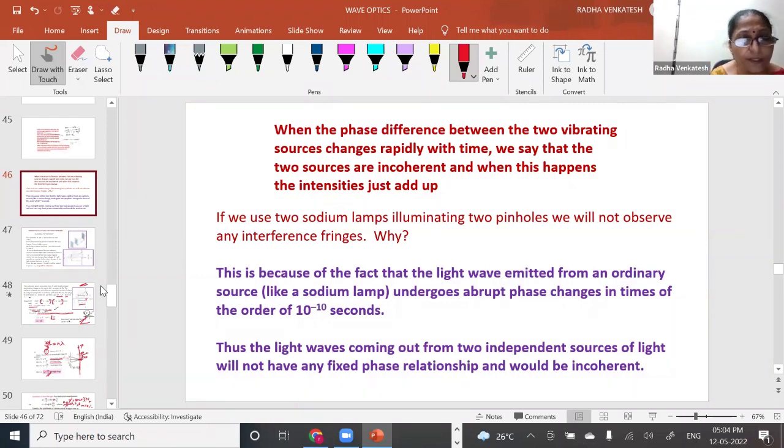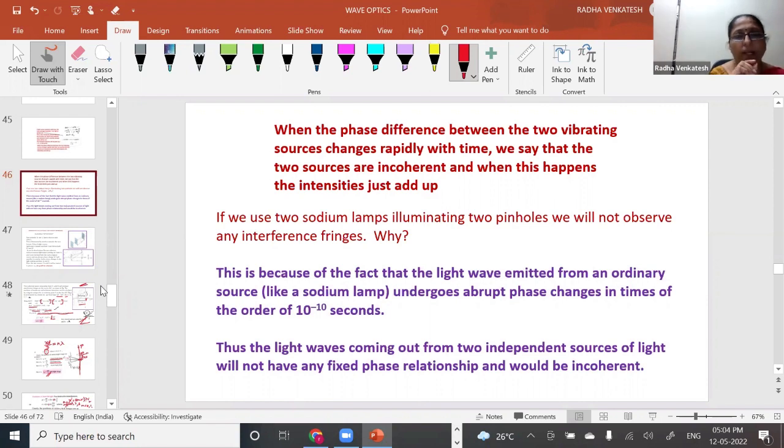So what's going to happen is the phase between the 2 waves is not going to be constant. The phase difference will not be constant with respect to time. If the phase difference is not constant with respect to time, my interference is not going to be observed.